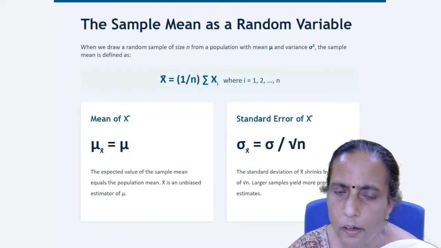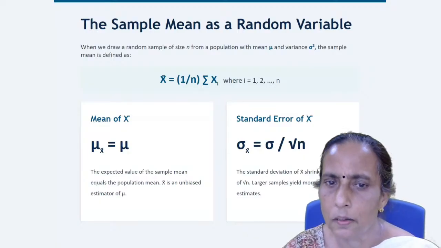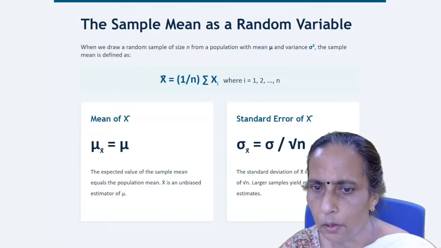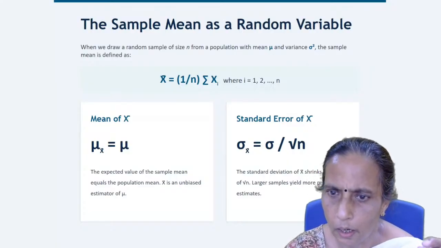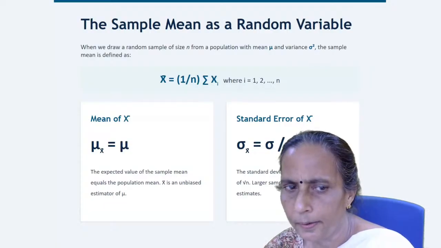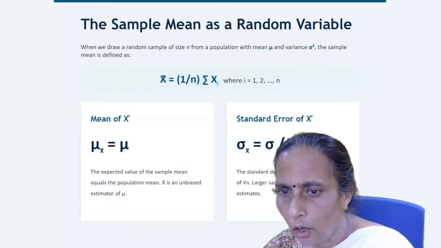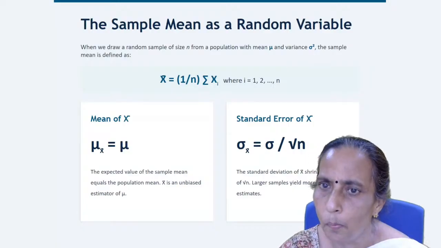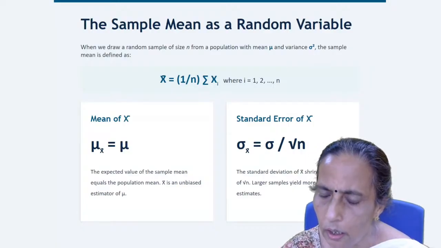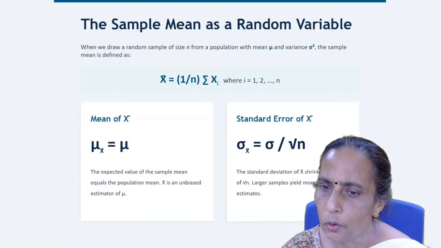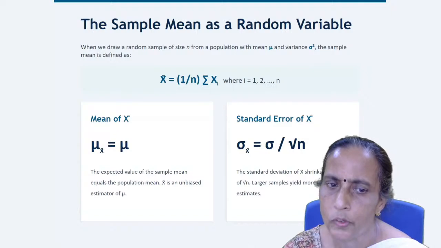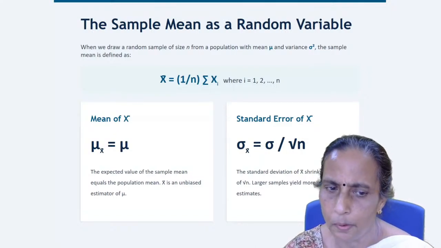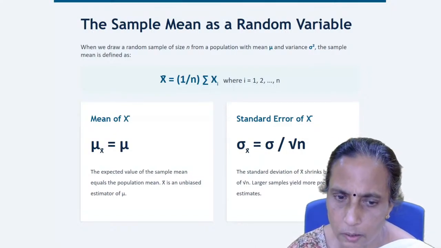The expected value of x bar, the sample mean, is equal to the population mean, and the standard error of the sample mean is equal to the population standard deviation divided by square root of n, where n is your sample size.